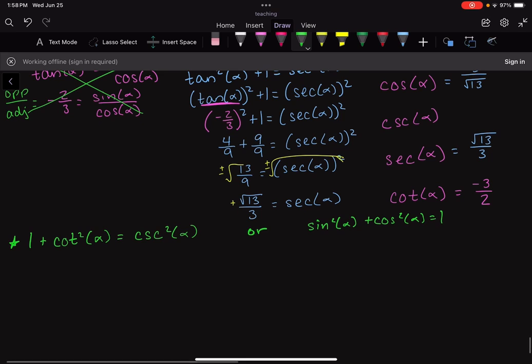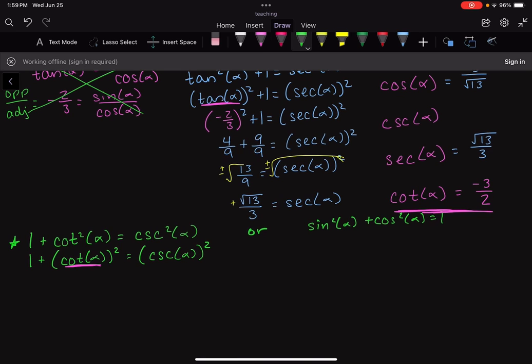So I'm having to scroll down a little bit, but I'll go back up. Remember, I can write this as 1 plus cotangent alpha squared equals cosecant alpha squared. I know cotangent because I have it written over here, so I'm going to go ahead and replace it. So I get 1 plus, and I'm replacing cotangent with -3/2.